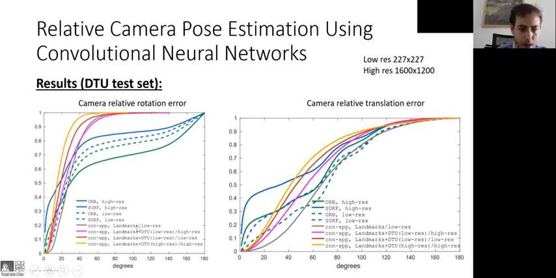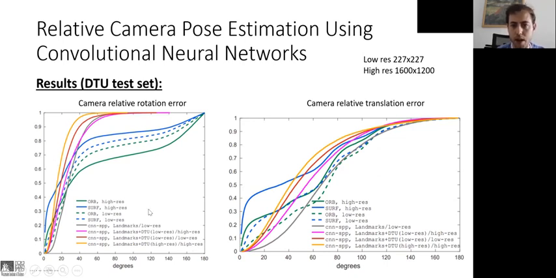And they have some differences in the convolutional neural network outputs. For example, if they did not train on DTU, they get the gray curve. But if they train on DTU high-res and apply on high-resolution images, they got the yellow curve, which is their best performance.